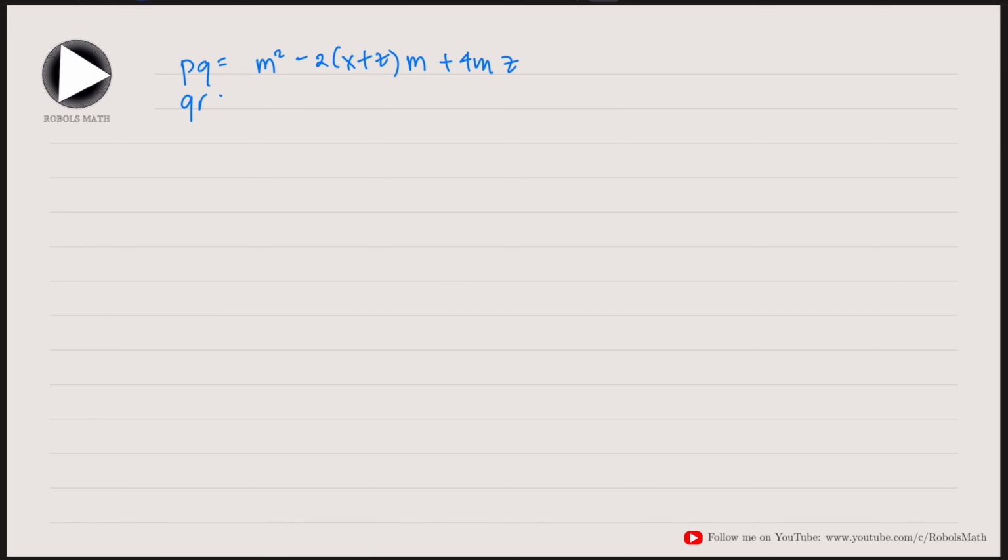Actually, it doesn't matter how we assign them because they are just symmetric anyway. So I'll just write all the pairs. QR is m squared minus 2 times x plus y, m plus 4xy, and then we have here PR equals m squared minus 2 times y plus z, m plus 4yz.